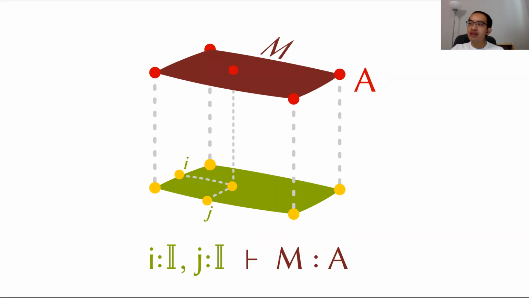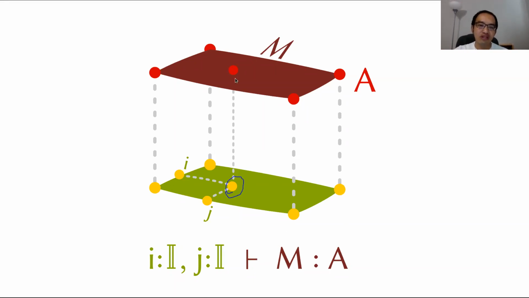If we have two intervals, it means that the type itself is a square and the term itself is also a square. And the I and J here form more like a coordinate system. For example, if you have I in this direction and J in this direction, for any particular I and J, you are actually locating some point in this square.